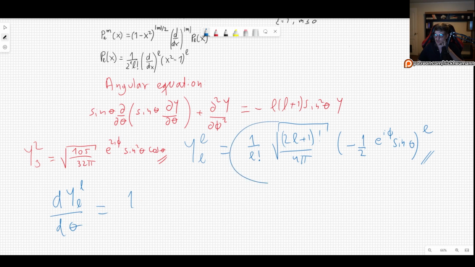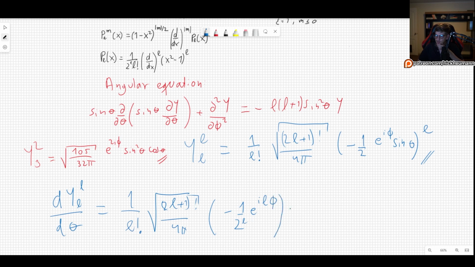So let's see. All of these are constants that have nothing to do with theta, so no need to even touch them. So L factorial, square root of blah, blah, blah. None of this changes. Okay, now we have this. So then we have minus 1 over 2 to the L, e to the i L phi.